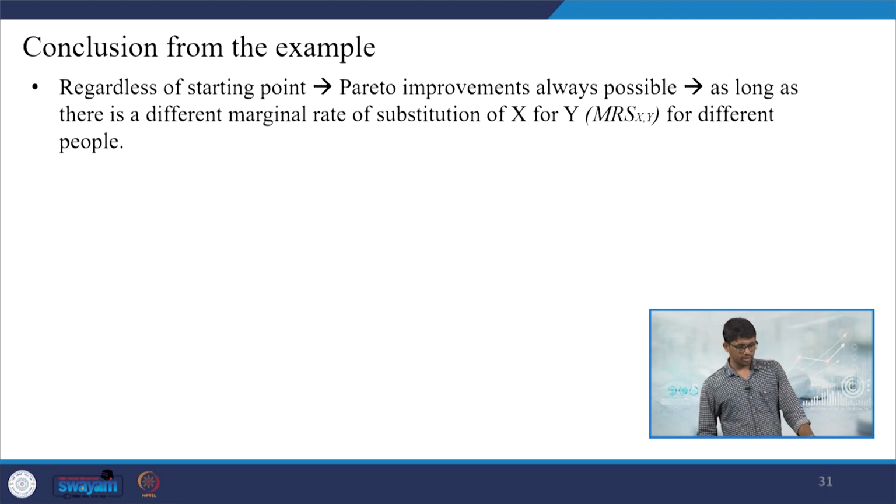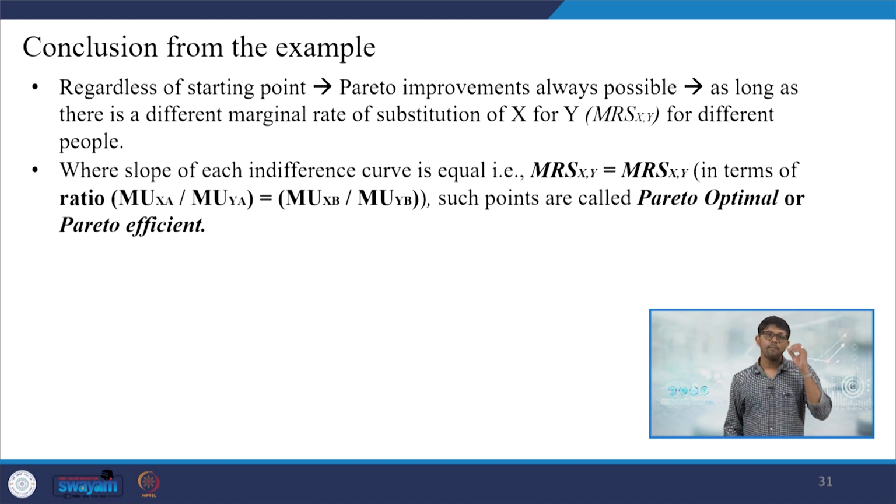So, in conclusion from these cases, regardless of the starting point, Pareto improvement is always possible as long as there are different marginal rates of substitution of x and y for different people.